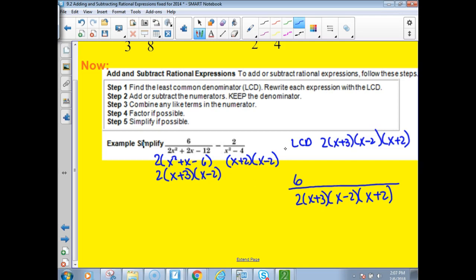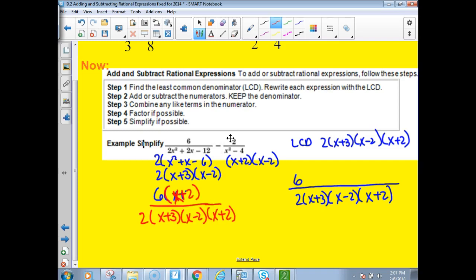What's missing from here that we need in our LCD? The x plus 2. So what you're actually doing to this fraction, you're multiplying it times x plus 2 on the top and on the bottom. So its denominator would actually be that whole thing. And I'm only going to do this once, and then I'm going to start doing a shortcut.